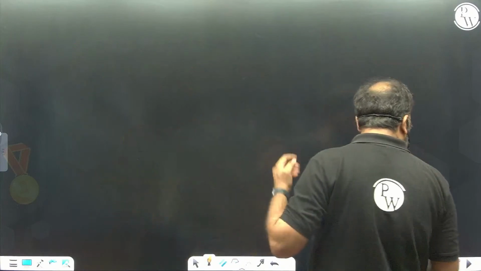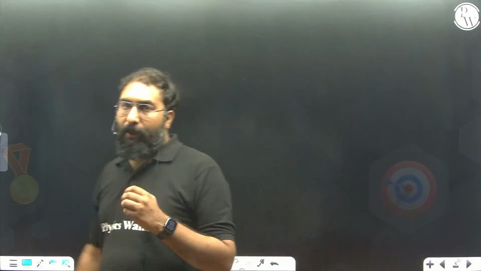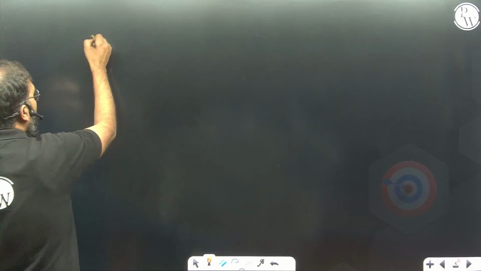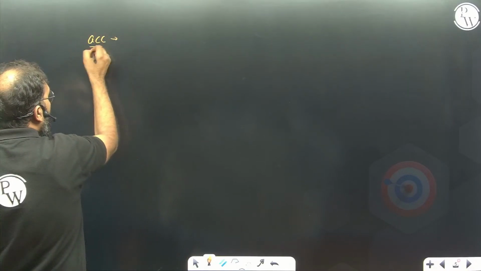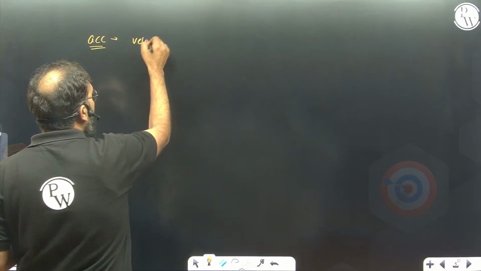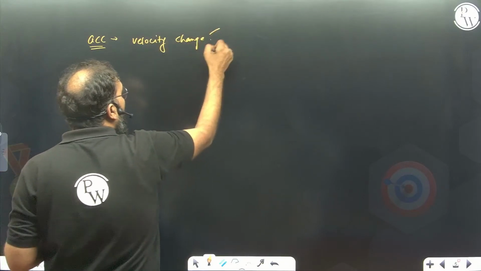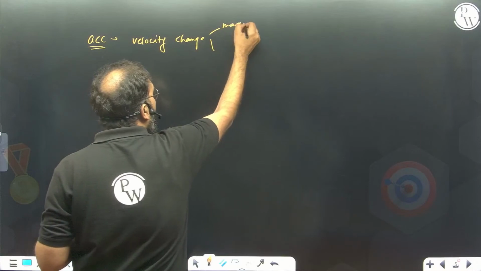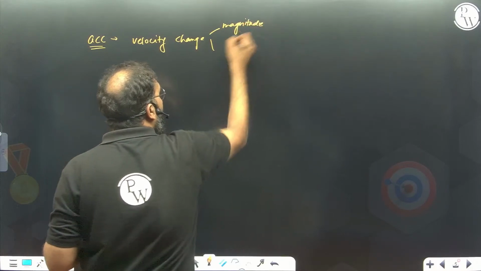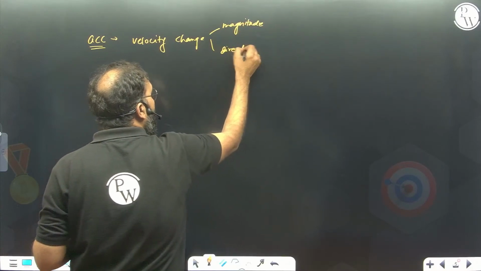Then I am coming to the next part where a few students get confused. When I am talking about acceleration, acceleration will come into the picture only when the velocity vector is changing. So velocity can change in magnitude or direction or in both, right?